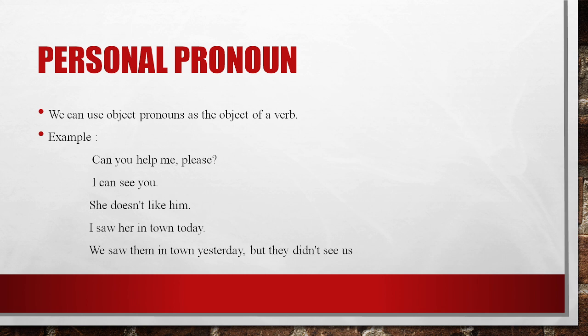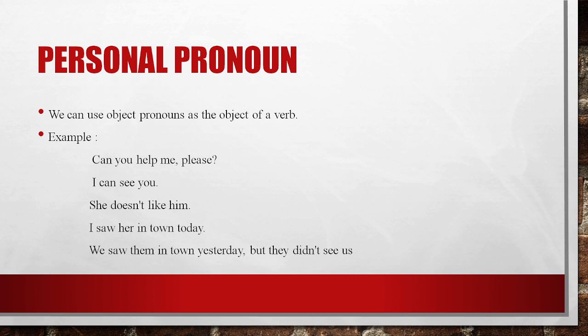We can use object pronouns as the object of a verb. Can you please help me? So here we can see that me is at the end. I can see you. Here you is used at the end of the sentence. She does not like him.